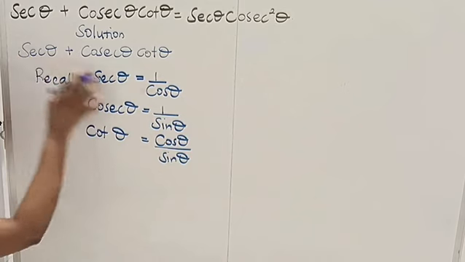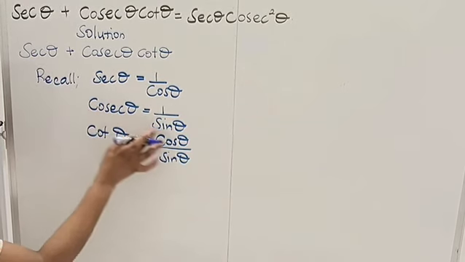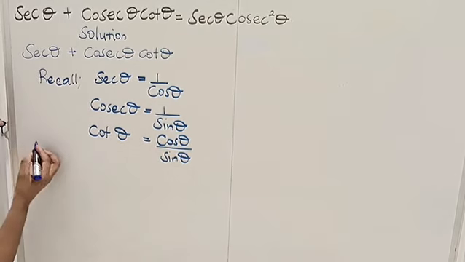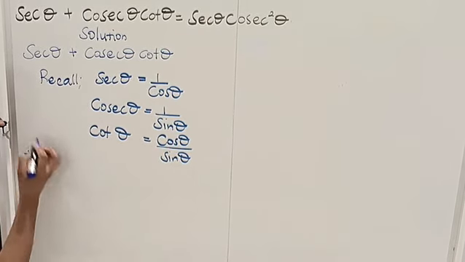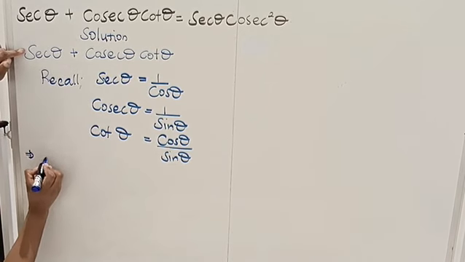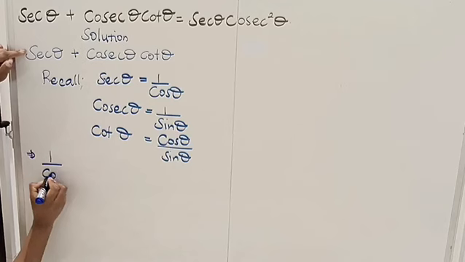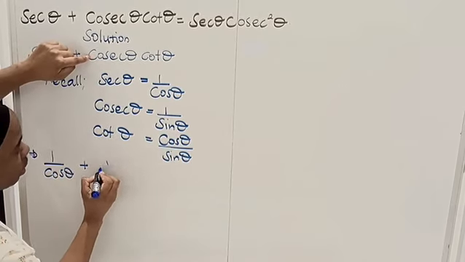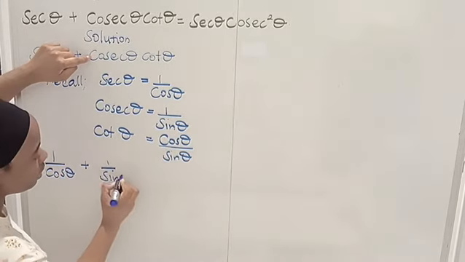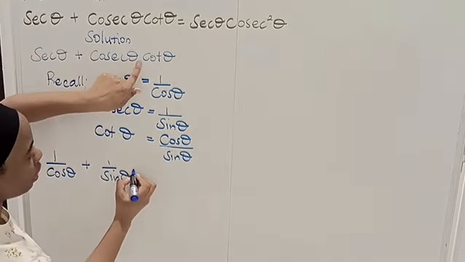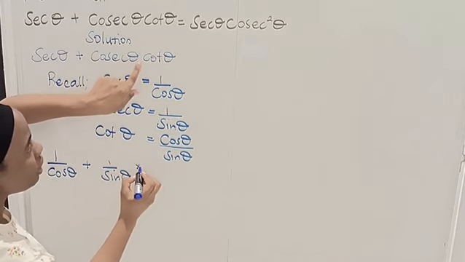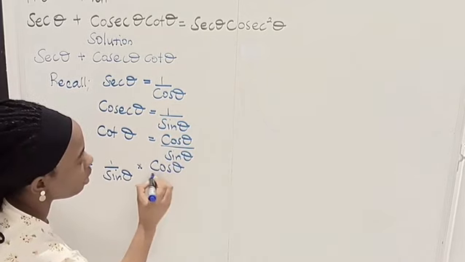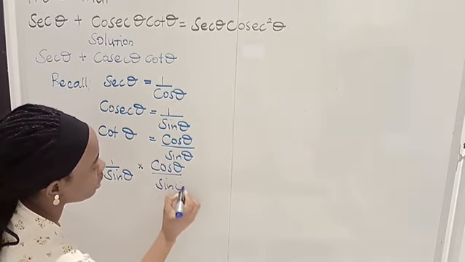I will replace sec theta with this, cosec theta with this, and cot theta with cos out of sine. So this implies that where there is sec, I put 1 out of cos theta, plus cosec is the same as 1 out of sine theta, multiplied by cot, which is cos theta out of sine theta.